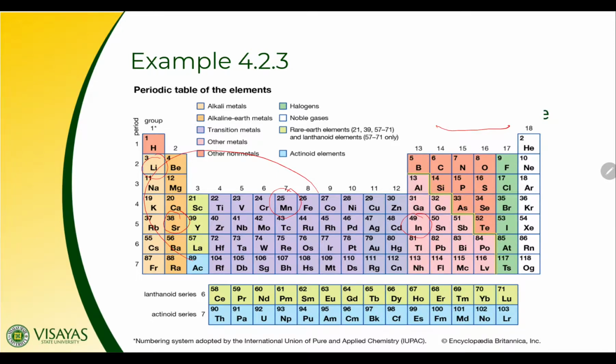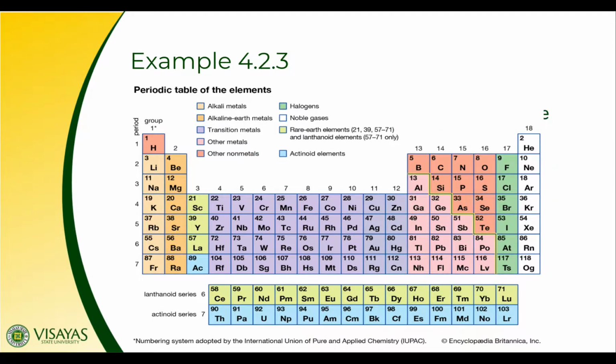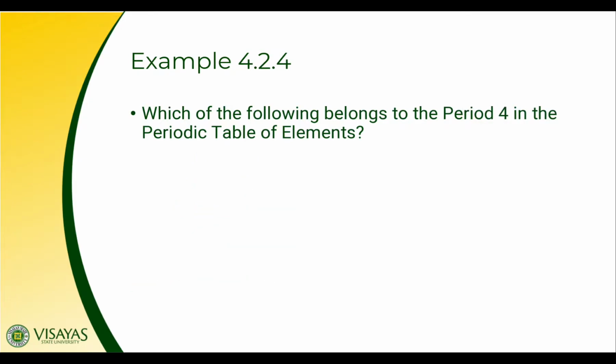The question is, which of the elements belong to the P block? Where is our P block? Here is our P block. Therefore, the answer is indium. Which letter is indium? It's letter B.